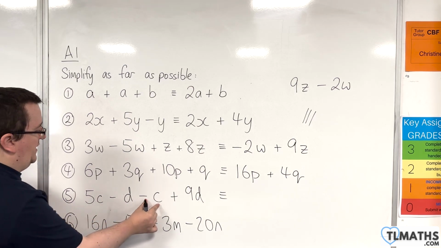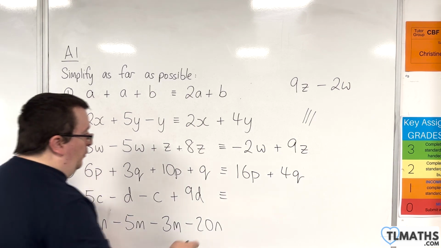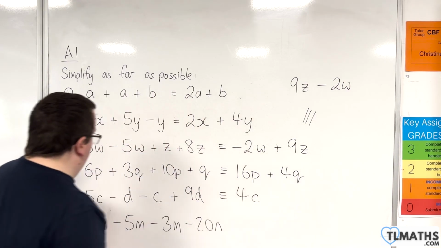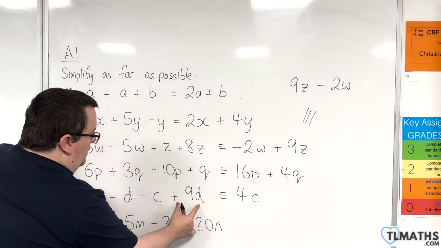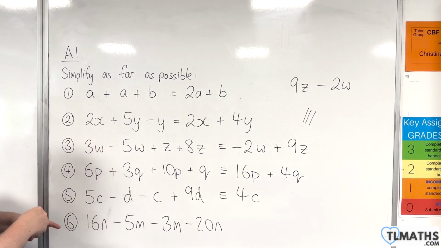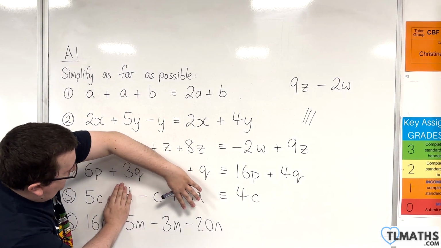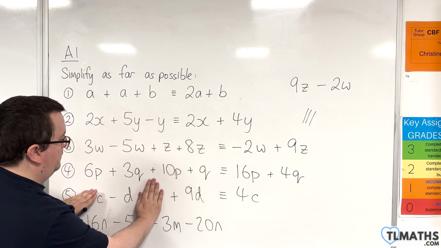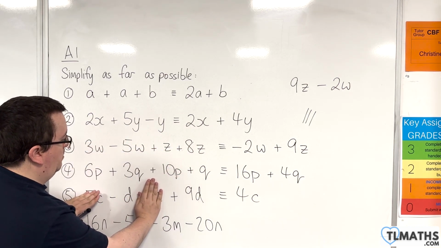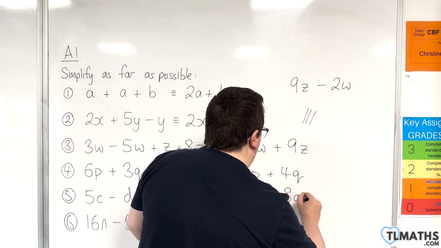The 5c and the take away c can be collected. 5c take away c is of course 4c. And then I've got minus d plus 9d. You can kind of forget the d's are there at first, and then forget the c's are there. So minus d plus 9d is 8d. And so they're combined.